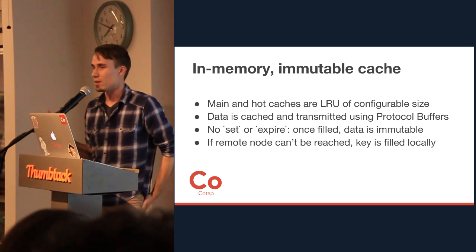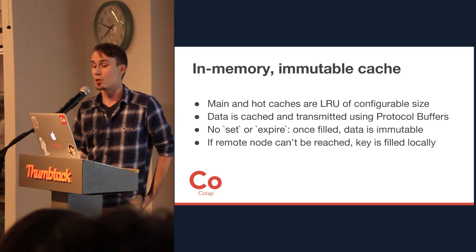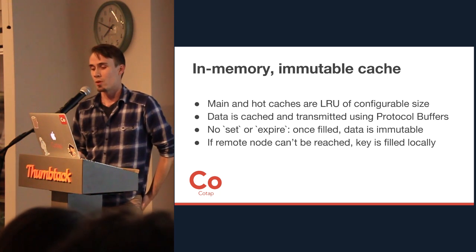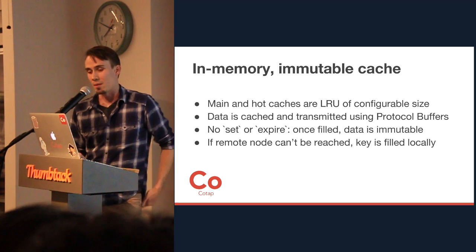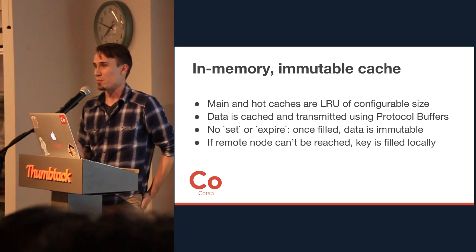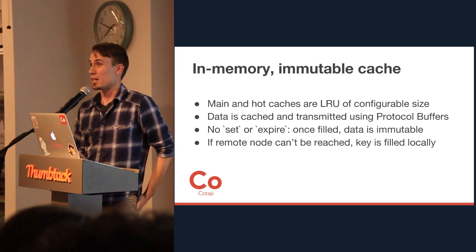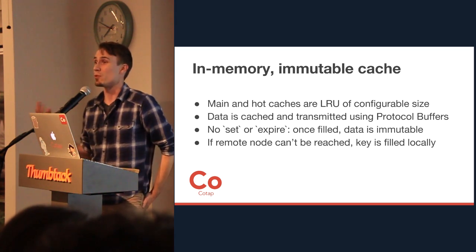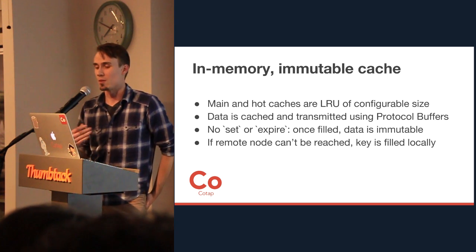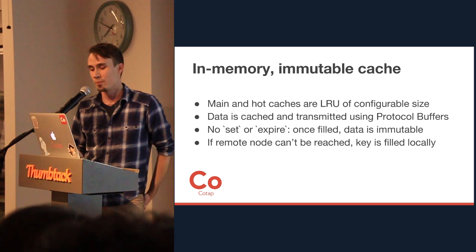So you can simply define your structs, whatever data you want to store, it will marshal and unmarshal into those protocol buffers and store it in memory. And there's no set or expire, once again, like I mentioned. Once it's filled, data is immutable. So Groupcache is ideal for data that doesn't change a lot. Or alternatively, you can adjust your keys to represent the change in the data and simply let the old objects fall out of the LRU cache.